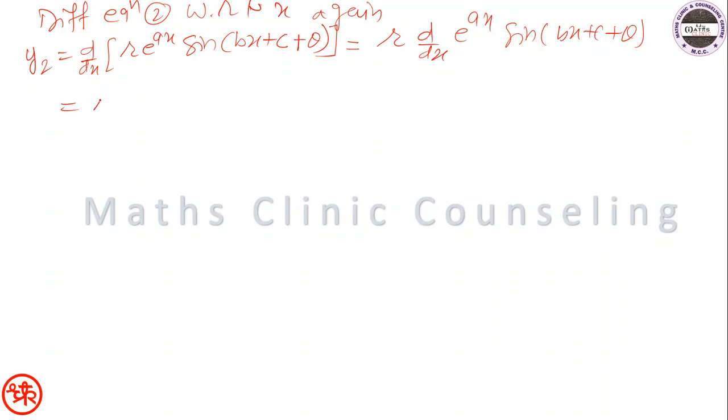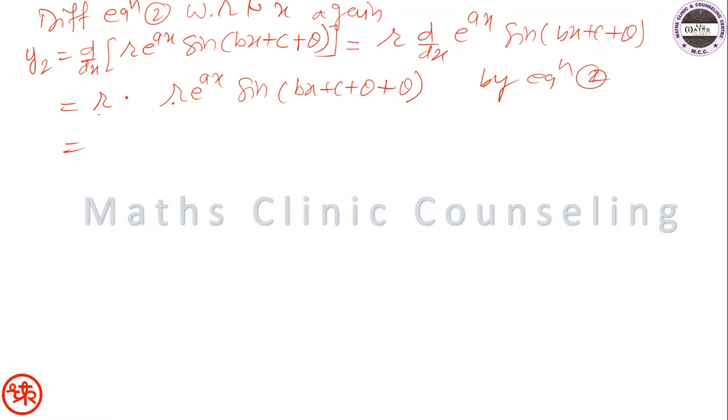Now it is equal to r into, this is what, r e to the power ax into sin of bx plus c plus theta and one more theta by equation 2, बराबर है. So it is equal to r into r square e to the power ax sin of bx plus c plus 2 theta.